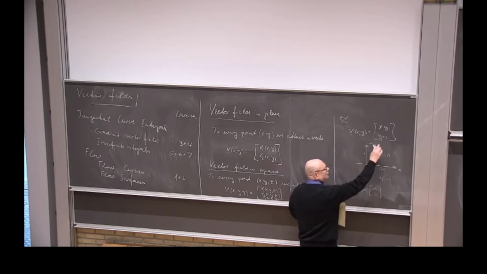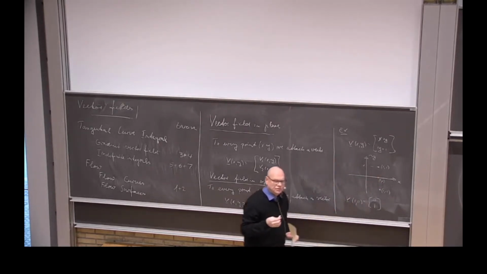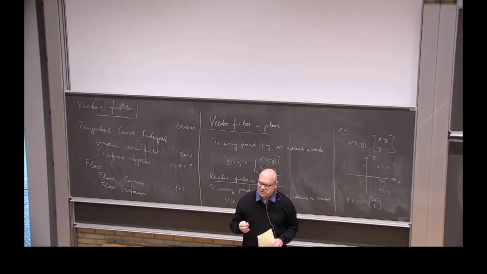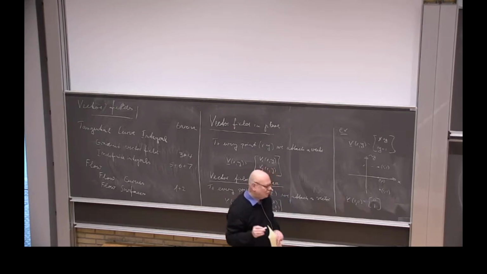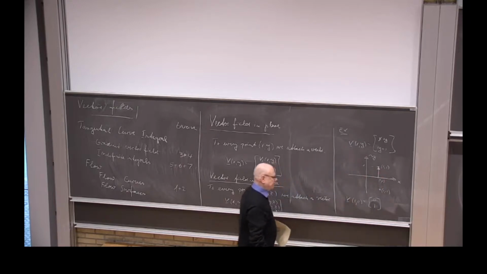Sorry? y is 0, so 1 plus 0 is 1. And the normal thing you do when you are looking at vector fields is that you plot it or draw it from the point where you have calculated the vector field. So I draw here the value of the vector field in that point.